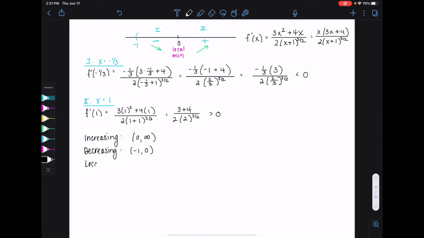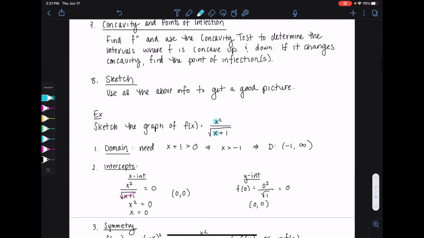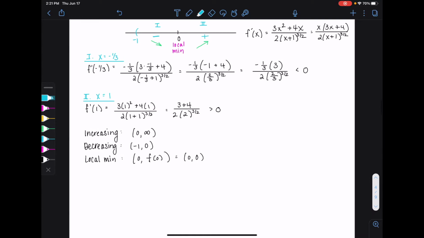And then we have a local min at 0, and my original function evaluated at 0, which we've already plugged that in. If you plug 0 back in all the way up here, you get 0. So we have a local min at the origin.